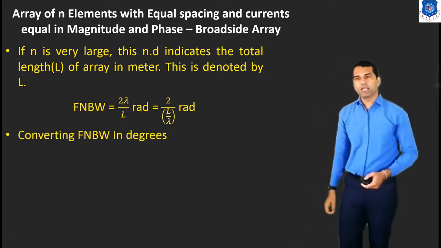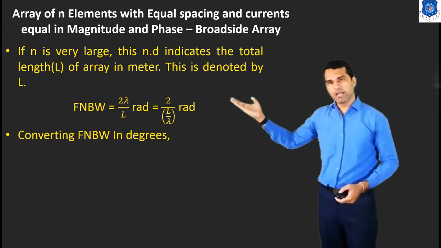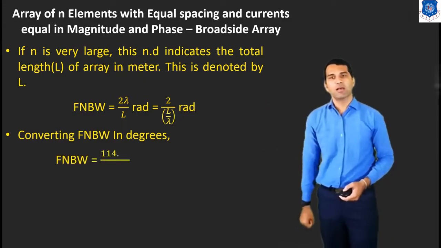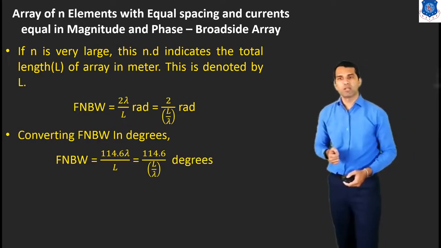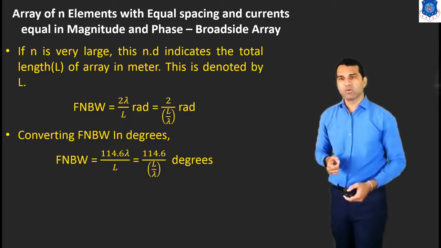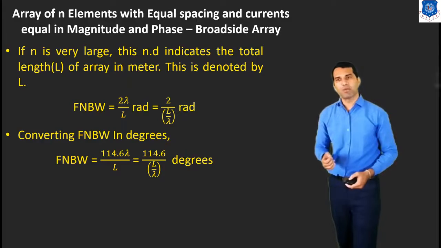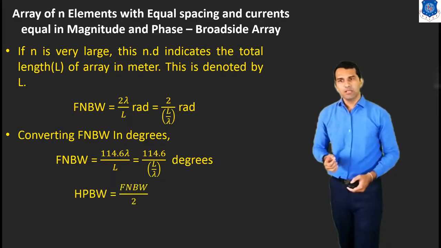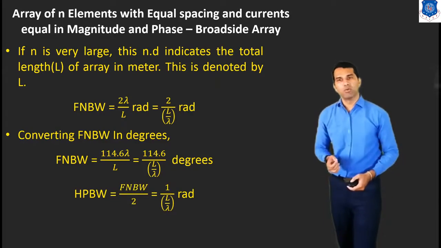Now converting FNBW into degrees. This equation is in radian terms, so now we write it in degree terms. FNBW equals 114.6 λ upon L, so we can write 114.6 upon L by λ in degrees. Similarly, half power beamwidth is nothing but FNBW by 2.